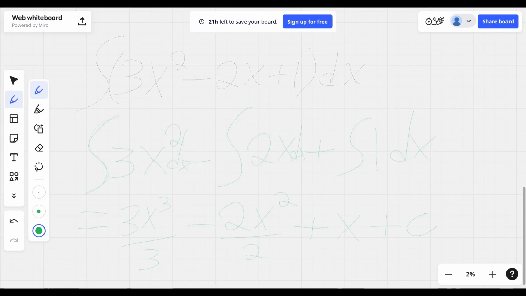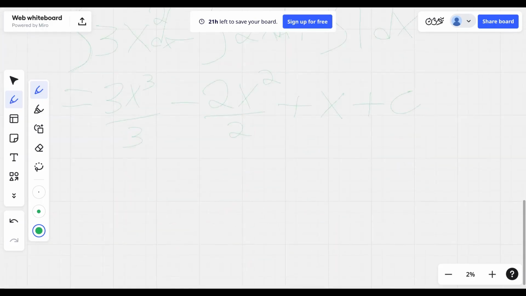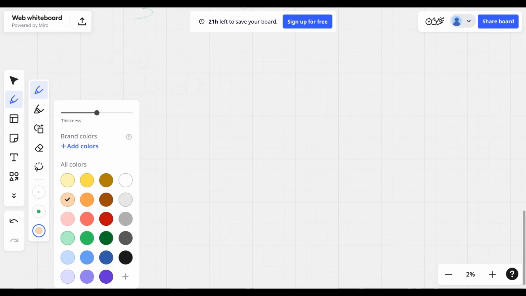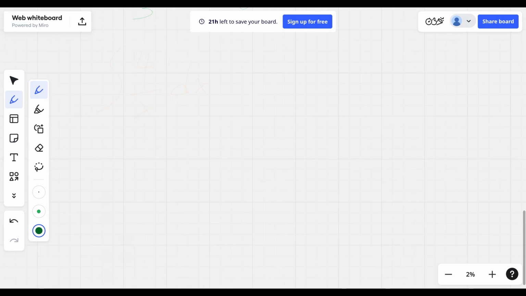Now, if you want to try an example on your own, I'll put a little example on the screen so you can practice a little bit and see if you get the right answer. I'm not sure why it's not showing very well on the screen, but here it is.